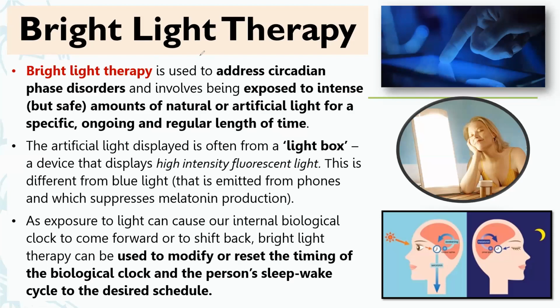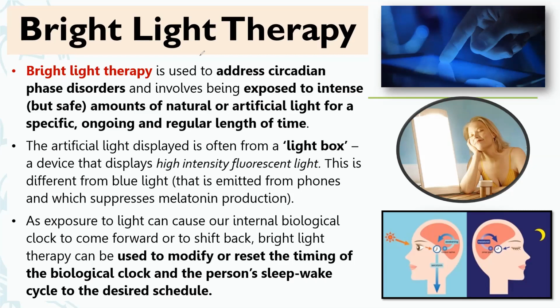That basically is something that can be fixed through the use of bright light therapy. Okay, so bright light therapy can be used to address and fix and treat all three of the circadian rhythm phase disorders that we looked at in our last online session.